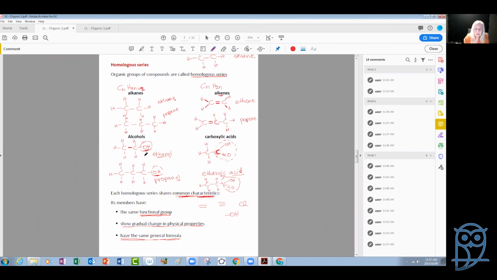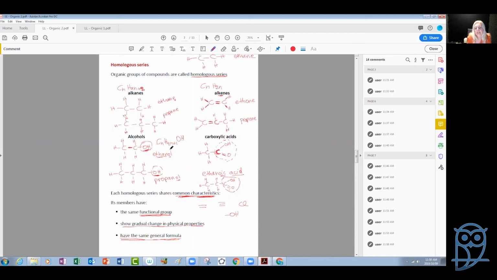In alcohols, what would be the general formula? It would be similar to that, but one hydrogen has been replaced by a hydroxy. So its general formula would be C N, and hydrogens would be 2N plus 1, and the rest would be the hydroxy.